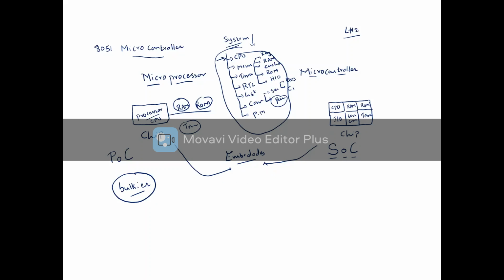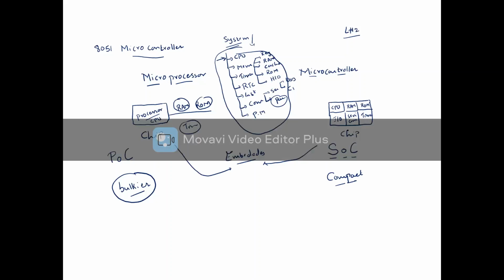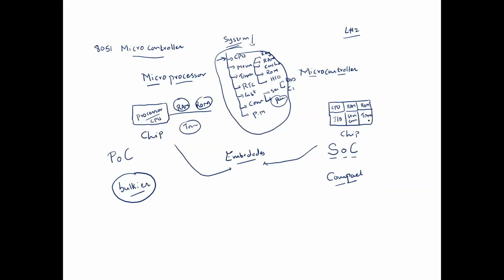If you design an embedded system that contains a microcontroller, it will be very compact. Why is it so compact? Because we don't require a data bus or address bus externally. Everything is in the chip only. We don't even require memory chips, because memory is available inside the chip. Timers are also present inside the chip.